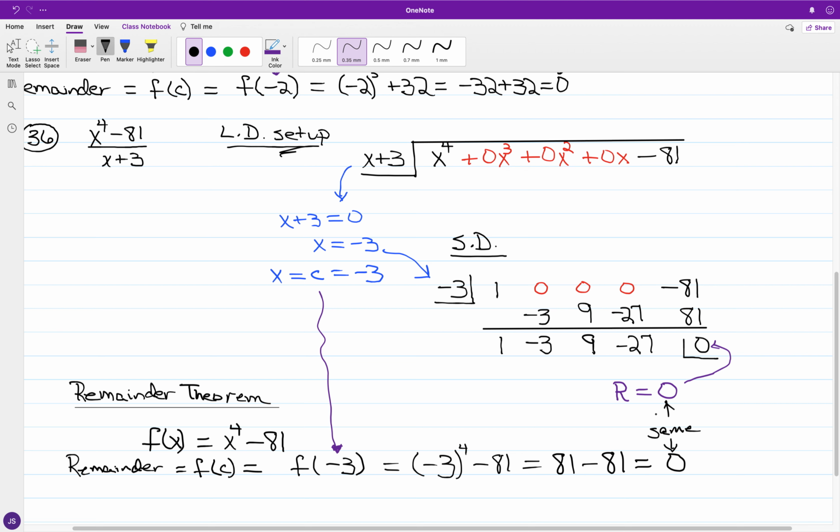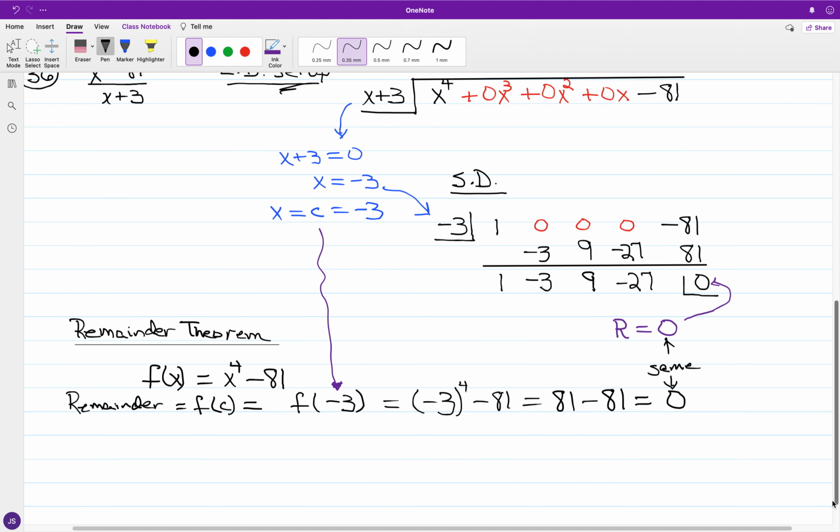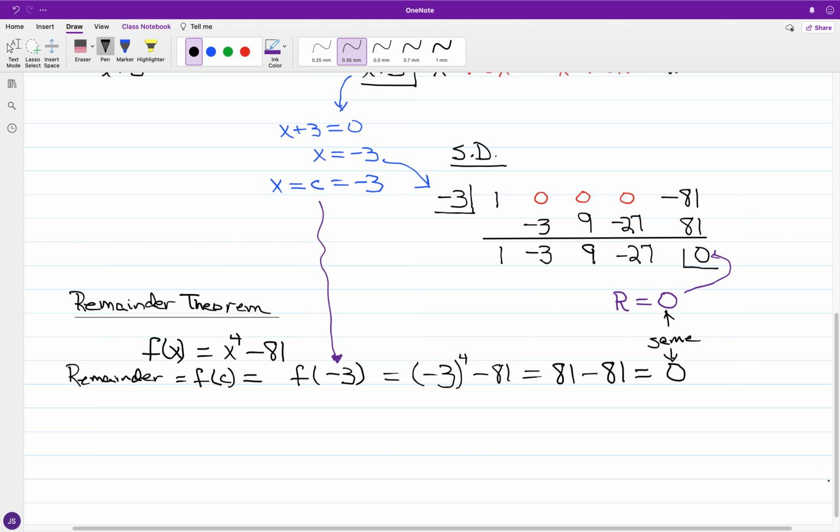Alright, now for the next item. So again, and I was asked this yesterday, okay, for those items where you can do synthetic division and the remainder theorem, will the remainder always be the same? And the answer to that question is yes. And if there's a difference between the values, that means that there was some wrong operation that was performed.